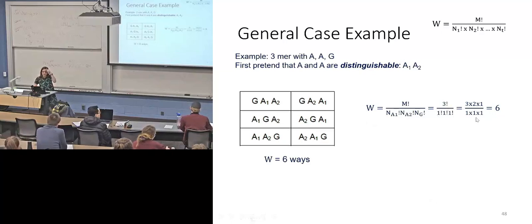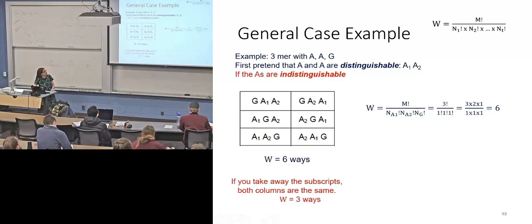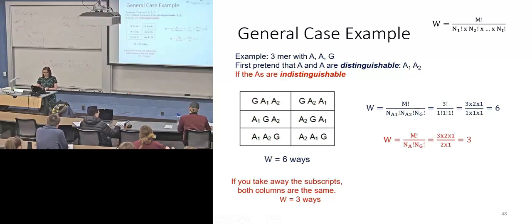But if I can no longer tell the A's apart, basically now my category of A has 2 things in it. Take the subscripts off, both columns are the same. You essentially have GAA, AGA, or AAG as your 3 possibilities now only. And so it simplifies to 3.